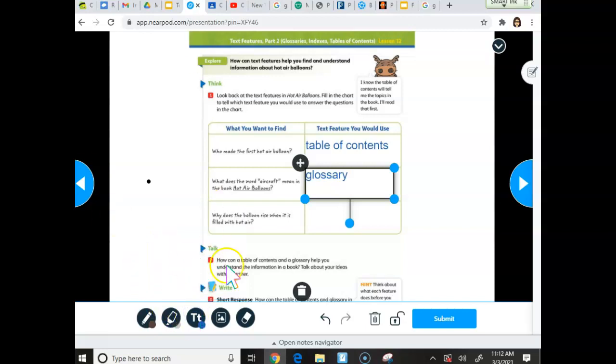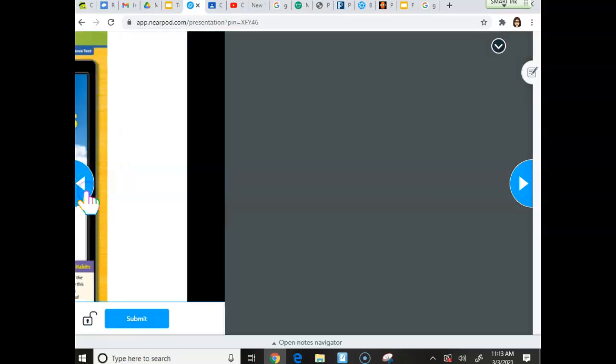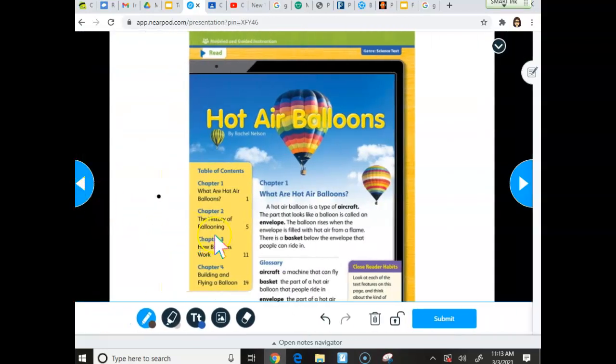Now, your next question said, why does the balloon rise when it is filled with hot air? Let's go back and look. All right, do we have a bold print word that helps us with that?